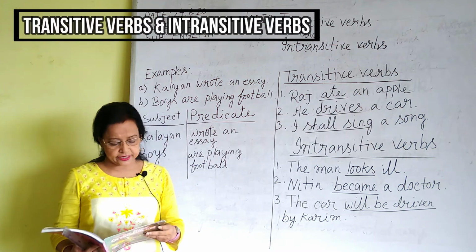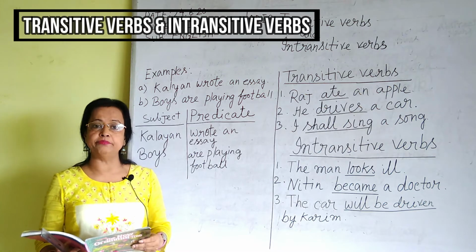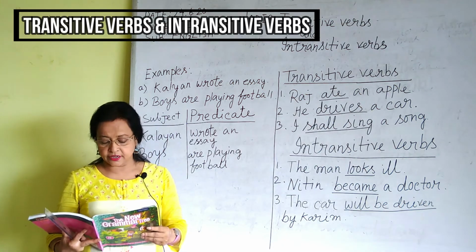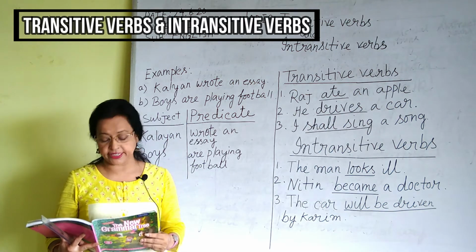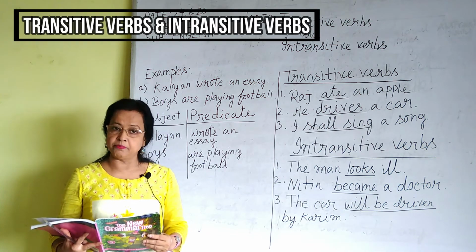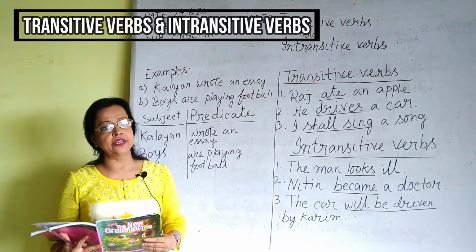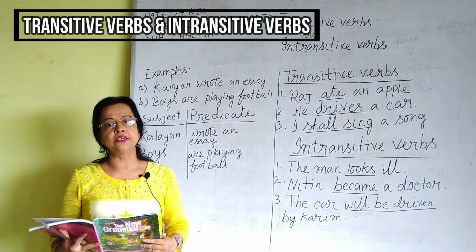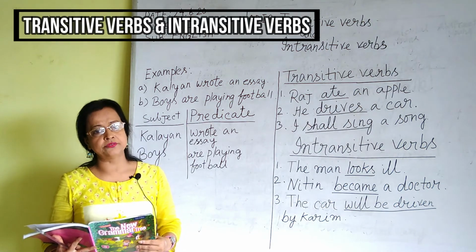What is an object? When the subject of a verb acts, and the action affects another person or thing, that is, somebody or something different from the subject, it is called the object of the verb.